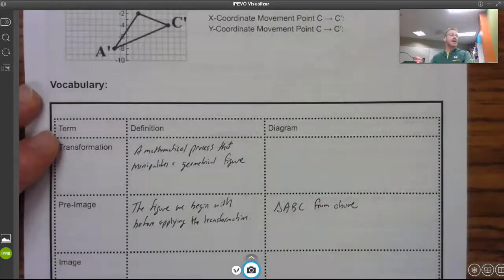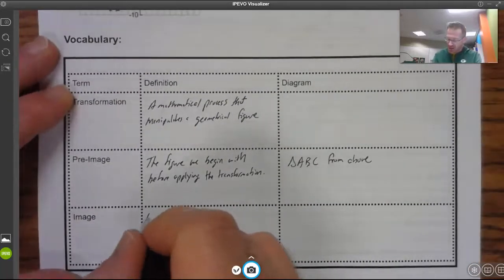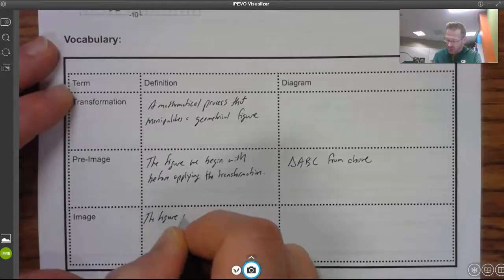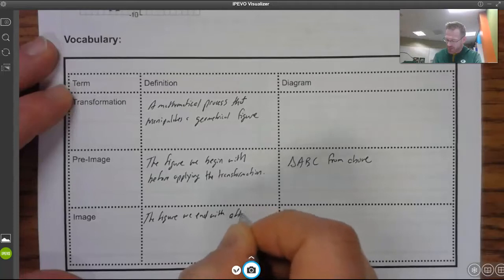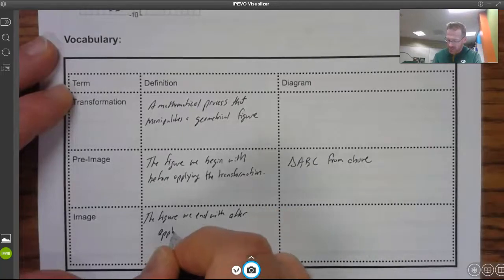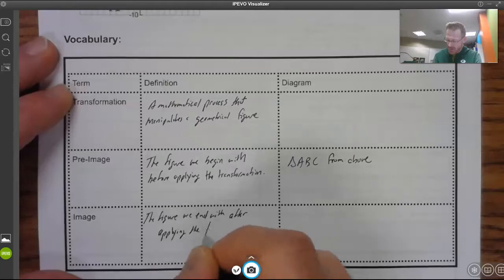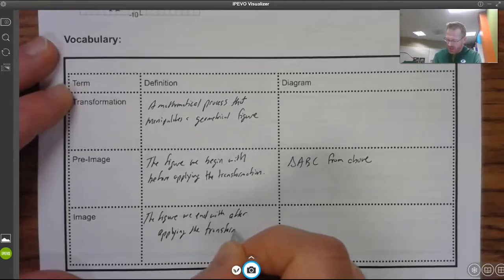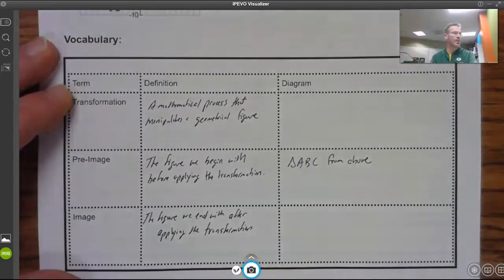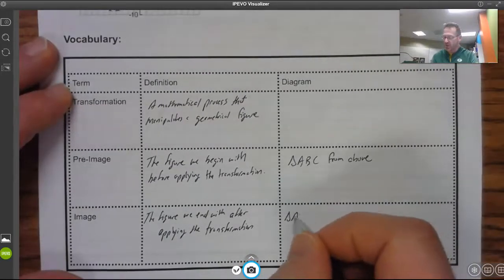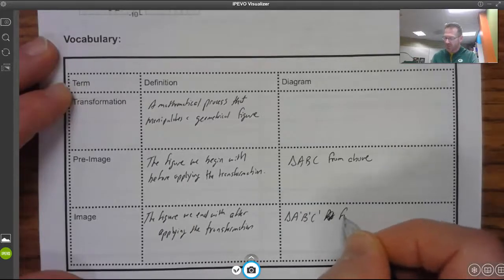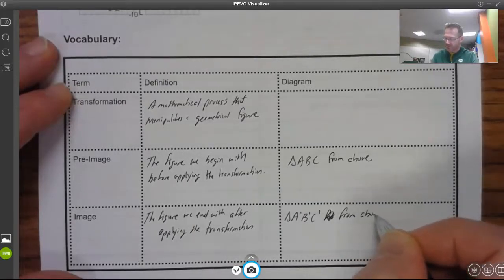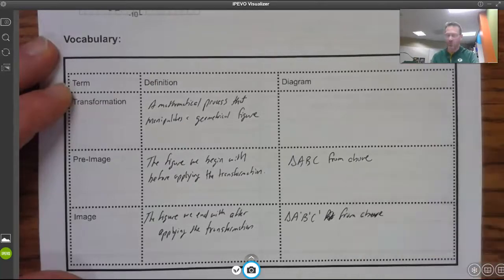The image is the figure we end with after applying the transformation. What we typically do with this is put the primes on the letters, like triangle A prime, B prime, C prime from above.